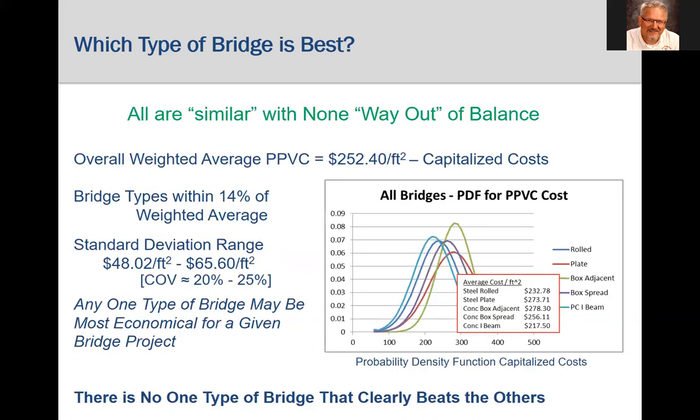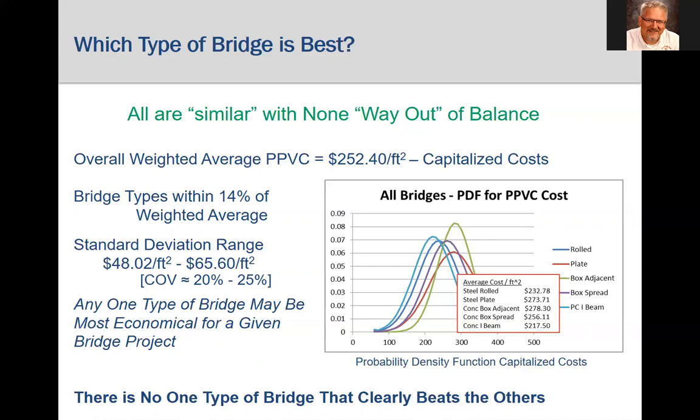And this is where we come back to that statement that all are similar with none way out of balance. The overall weighted average capitalized cost for the 5 types of bridges is $252.40 per square foot. Each bridge type average is within 14% of that weighted average.